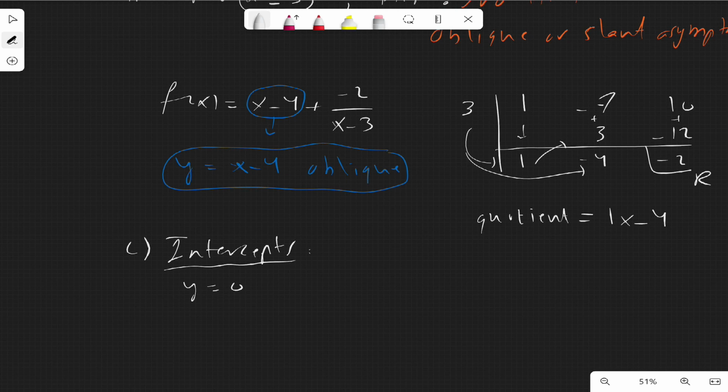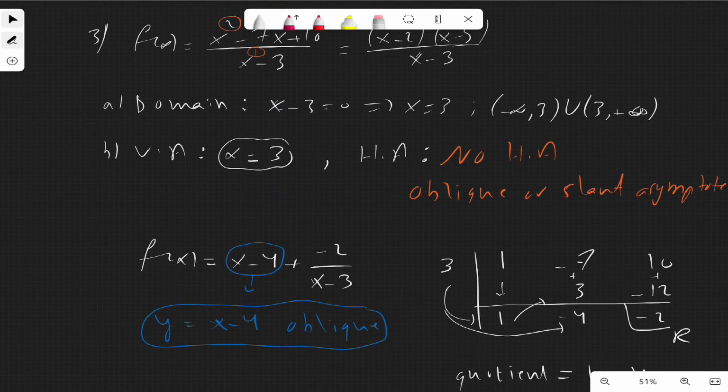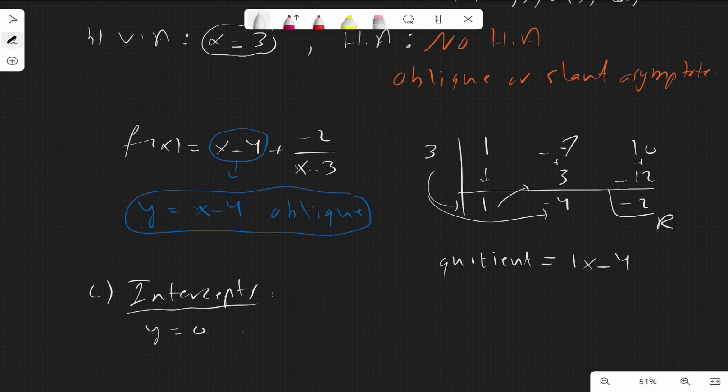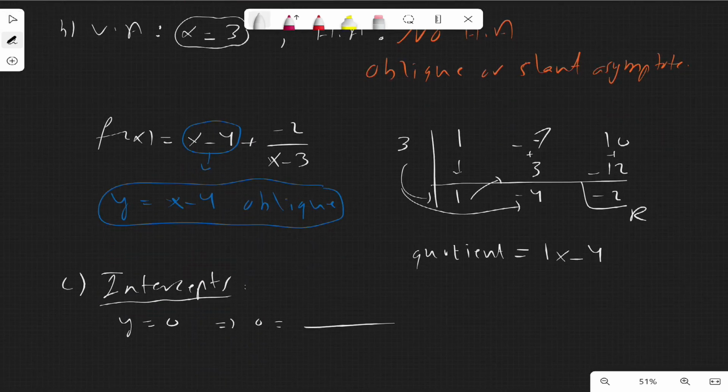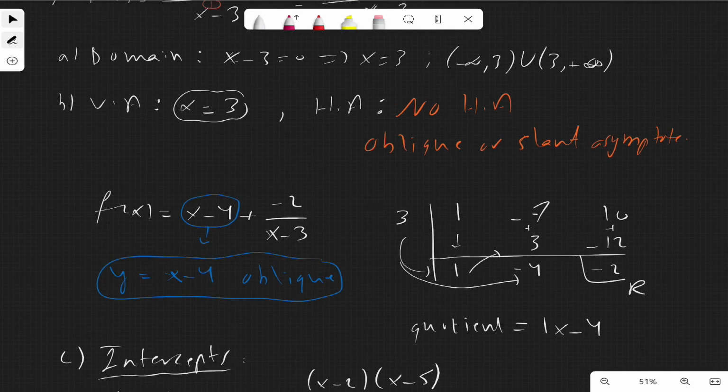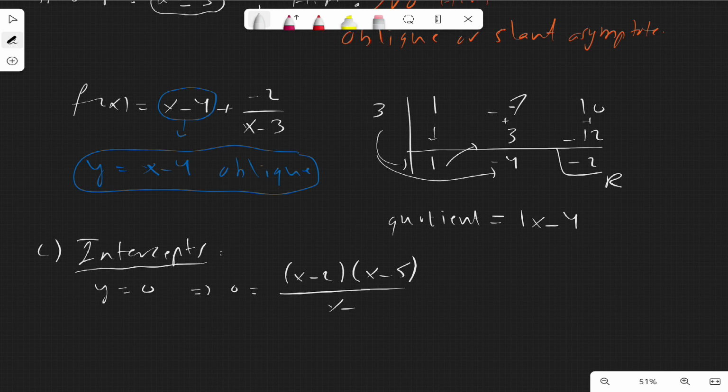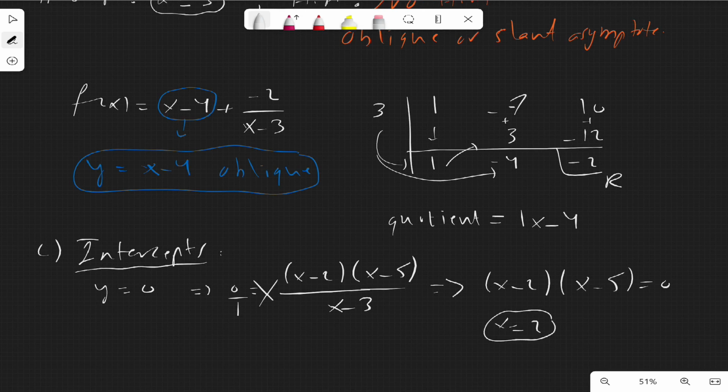The x-intercept, we put y equal to 0, and we replace: 0 equal, we found already x minus 2, we factored 4, x minus 5, divided by x minus 3, equal to 0 over 1, cross multiply, leading to x minus 2 times x minus 5 equal to 0. From here we can say x equal 2 or x equal 5.